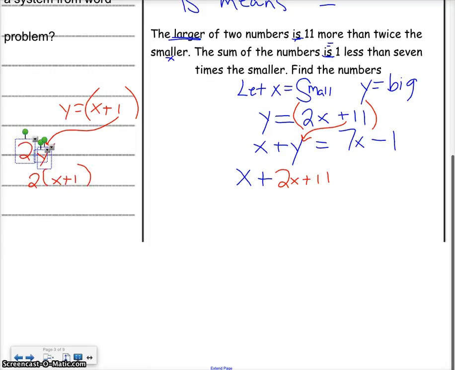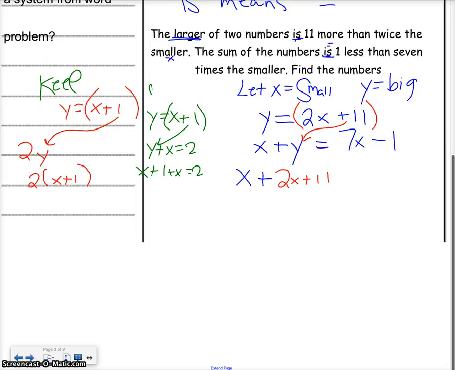So there I would keep, and then if it was y equals x plus 1, y plus x equals 2, I would not keep them. Okay? So this is keep, not keep. And the reason I would keep it is I need to distribute, because there's a number in front. So that's kind of tricky when there's not a number in front, like, what am I supposed to even do with this parenthesis? Okay.